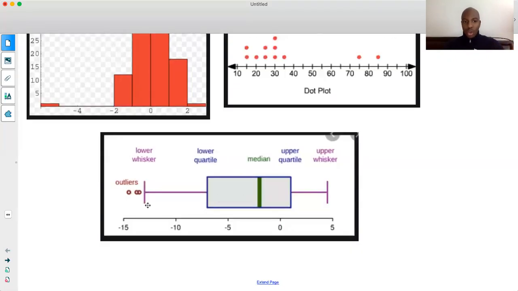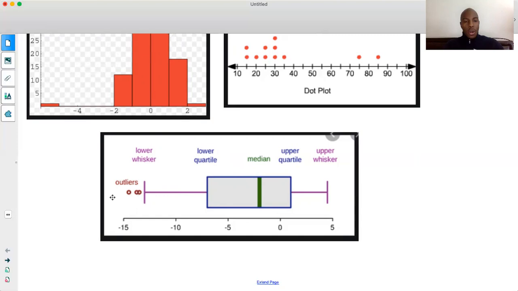After you create your dot plot, you see there are some outliers here. This is not the customary way of identifying them, because with a box plot you need to know the IQR, the interquartile range, in order to determine which numbers are really outside of the generic strand of data.